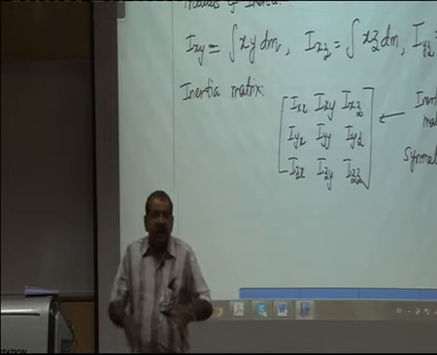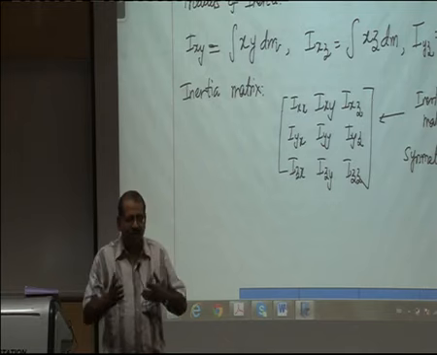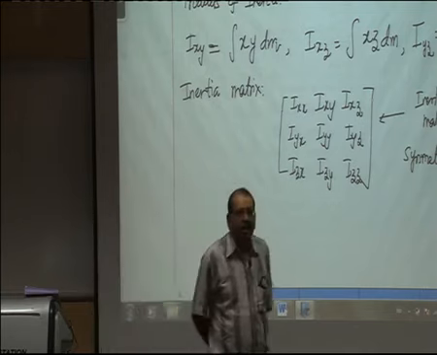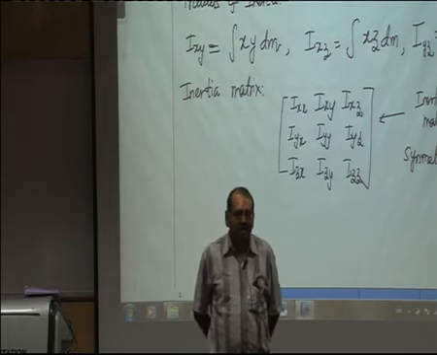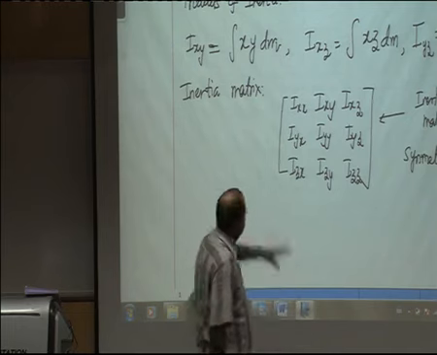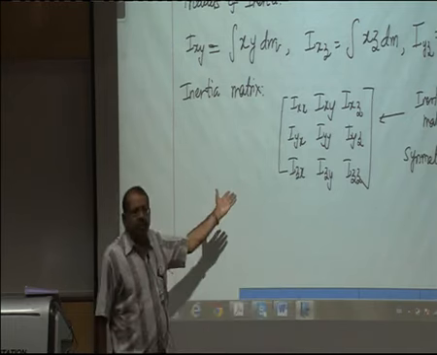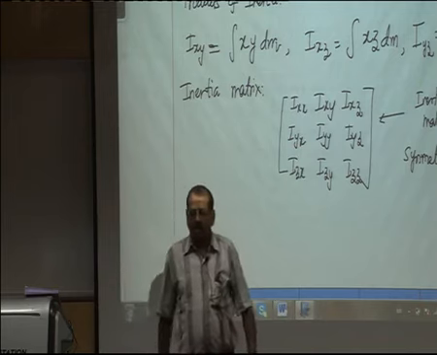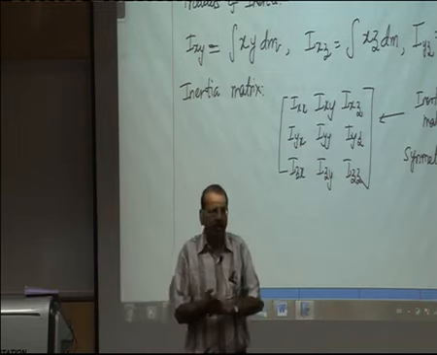Well, tensor is an extension of these concepts. In fact, a scalar is what we can term a zeroth order tensor. A vector is a first order tensor. Something which we write in a 3 by 3 matrix form would be a second order tensor, and so on.